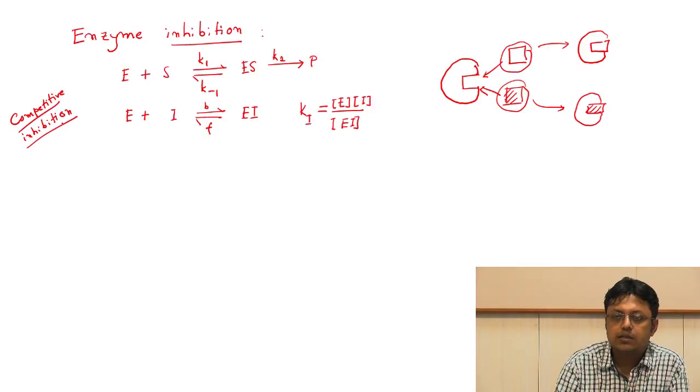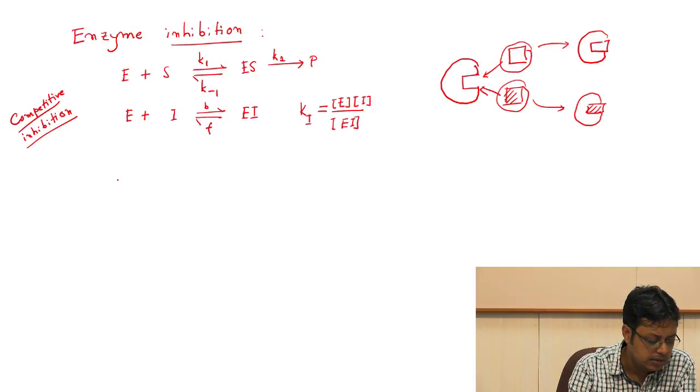Now let us try to understand what the rate law will be, or how the Michaelis-Menten equation, or the Lineweaver-Burk form of the Michaelis-Menten equation, will look for initial rate versus initial substrate concentration.